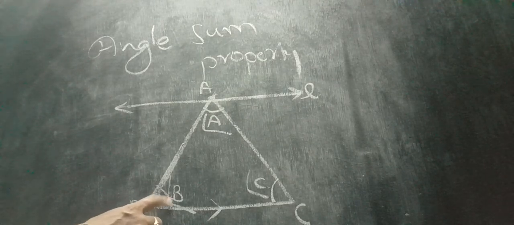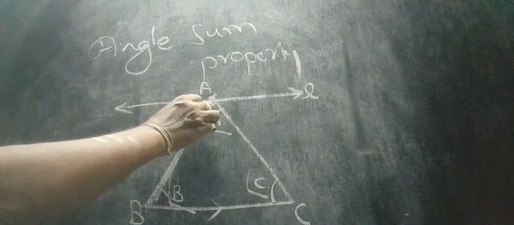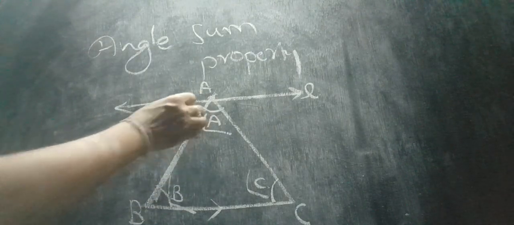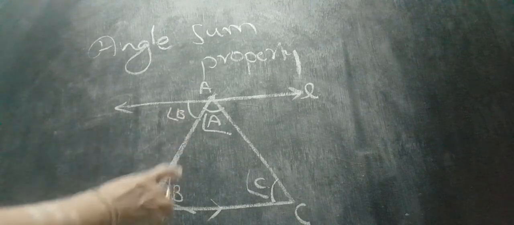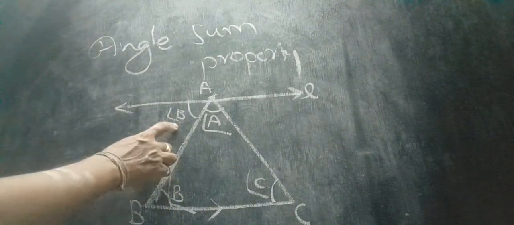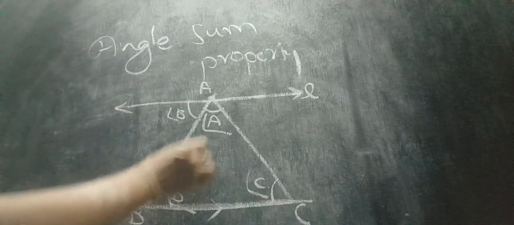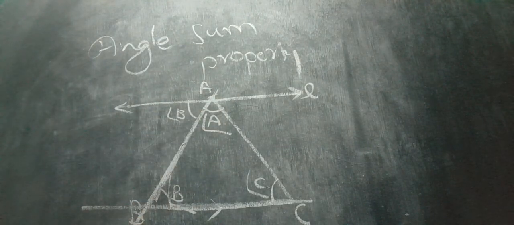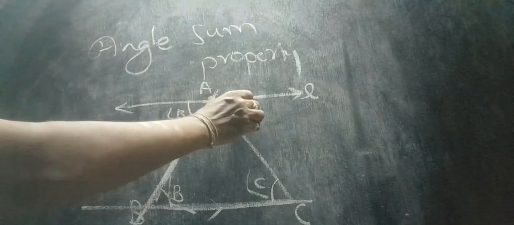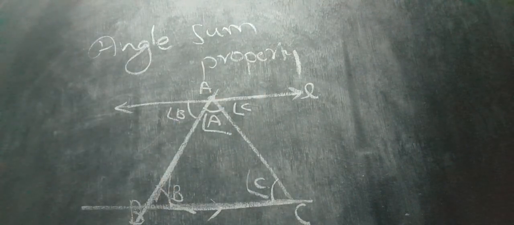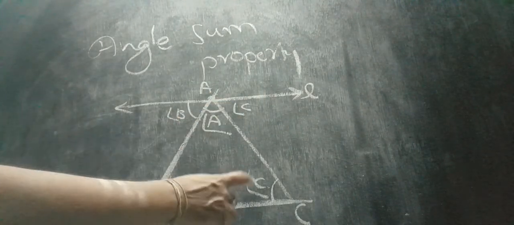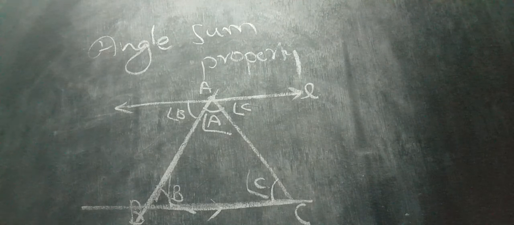So here it is angle B, I can write angle B here also, because these two are interior alternate angles. I can extend BC. You can see my previous video and understand. In the similar way, here also you can write angle C. These two are also interior alternate angles.